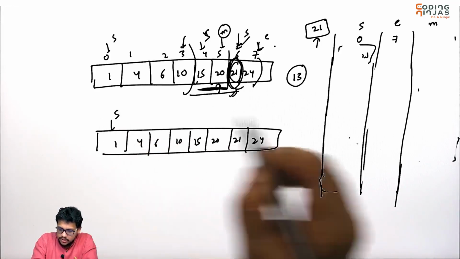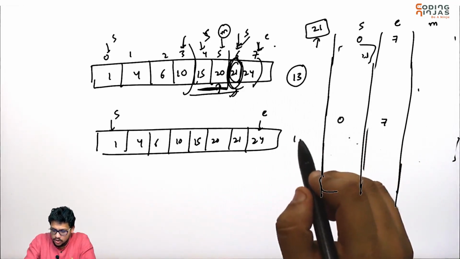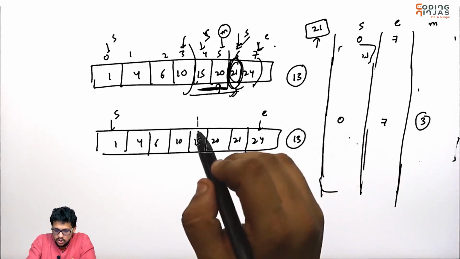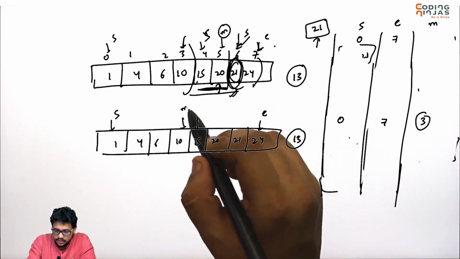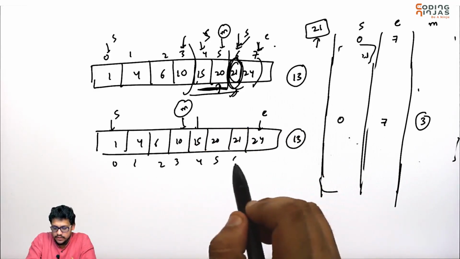Your initial start will be 0, your end will be 7. Again, you want to search 13, mid will be 3, 0 plus 7 divided by 2. You will come out to mid here, indices 0 through 7.